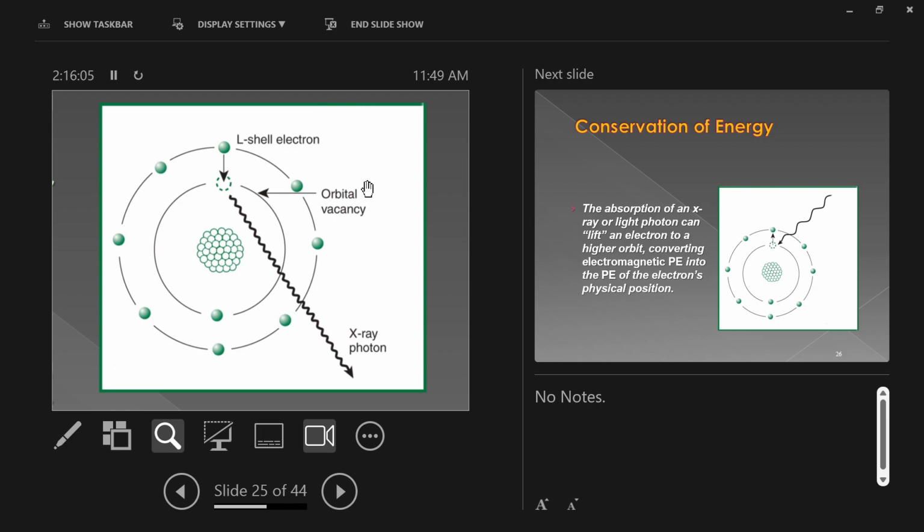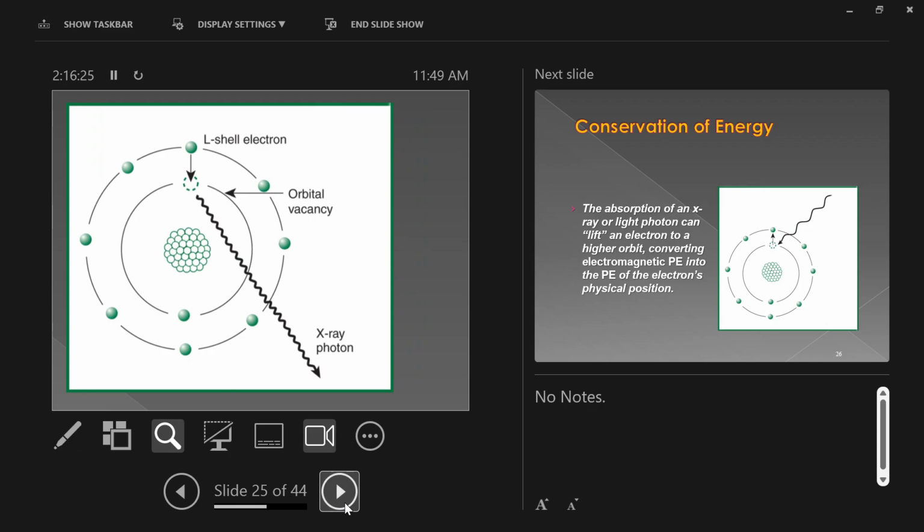We're going to do that in the next lecture. But that's the deal. And here's what's cool. It works in the exact opposite direction. If an electron can fall down and emit a photon, then an electron in a low position can absorb a photon and go up. That's shown here.